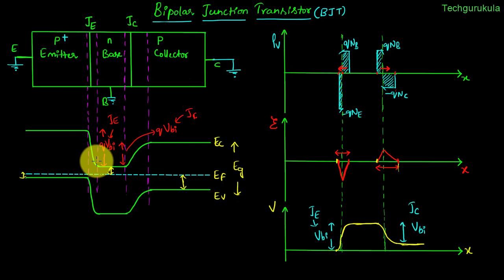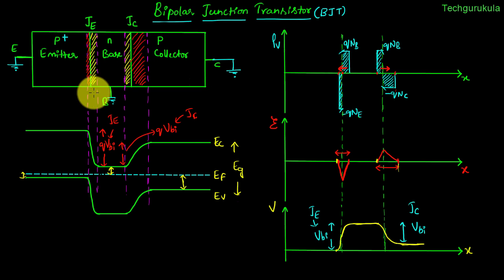And this band bending basically represents that there is an electric field in this region. And that's why it is actually a dotted line to represent that there is a depletion region at the junction, which is negative on the P side and positive on the N side. And similarly here, positive on the N side and negative on the P side.